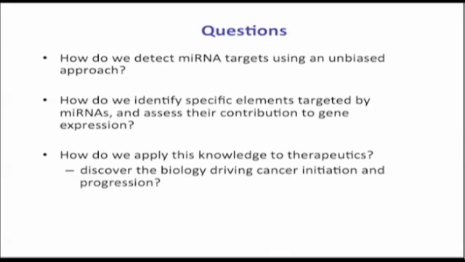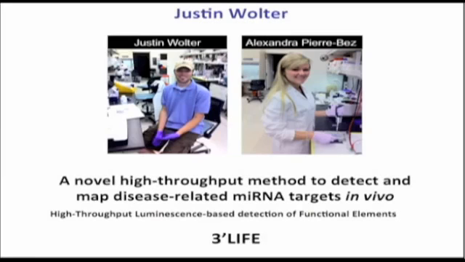How can we identify specific elements that are targeted by microRNA and really study what's the contribution in gene expression, and how can we then move this forward, looking at therapeutics and applying what we learn out of this pairing between microRNA and 3' UTR to disease, like for example cancer initiation and progression.